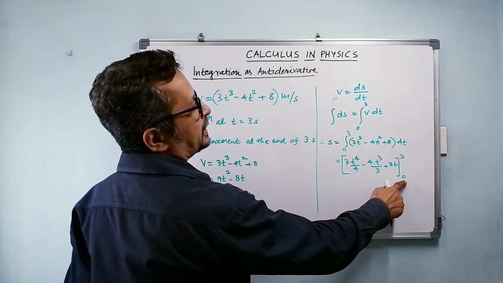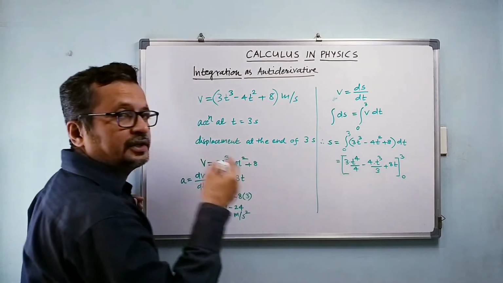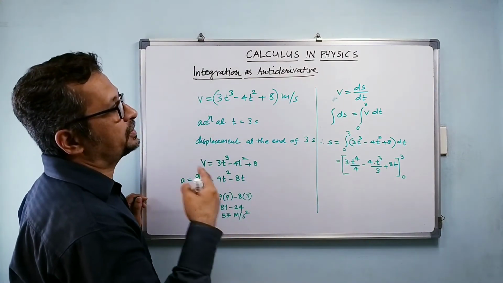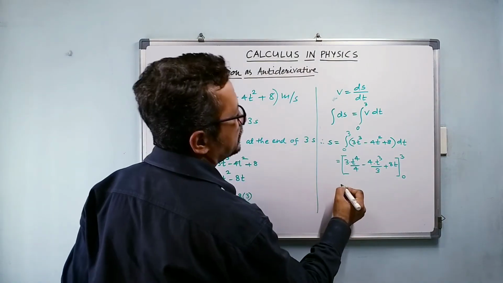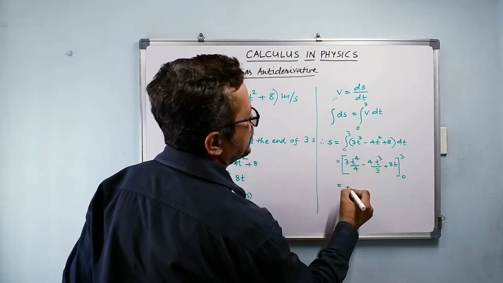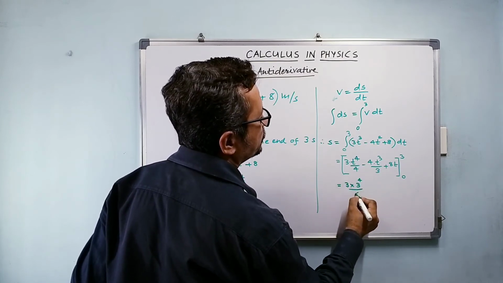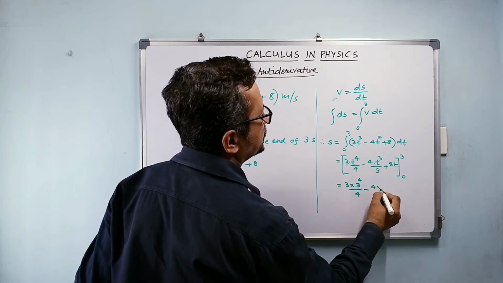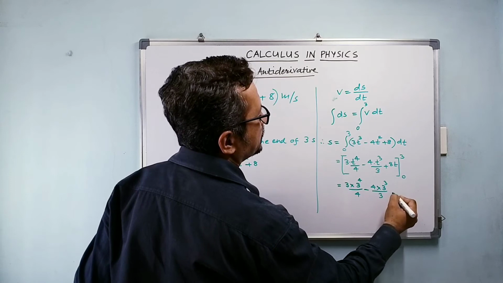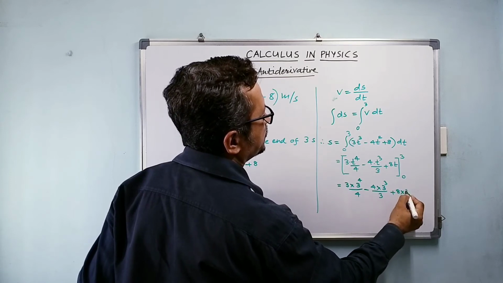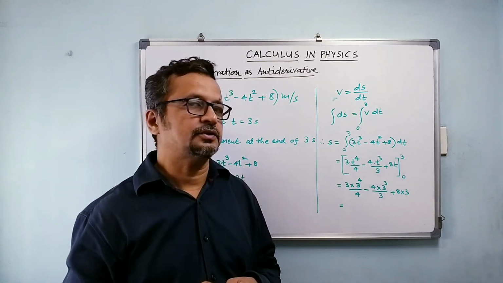Now obviously when my lower limit is 0 and everywhere you have a term in t, it is t or t square or t cube or t raised to power 4, correct? So here I am going to have 3 into 3 raised to power 4 upon 4 minus 4 into 3 raised to power 3 upon 3 plus 8 into 3. So whatever is the value, you can calculate using your calculators.